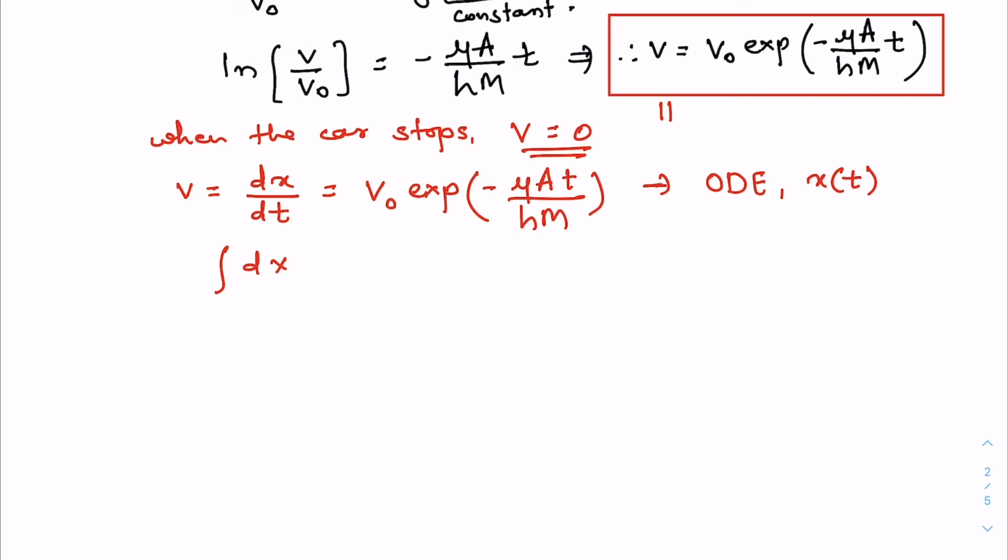dx from 0 to x is basically equal to v naught times the integration from 0 to t of this term in the exponential, dt.